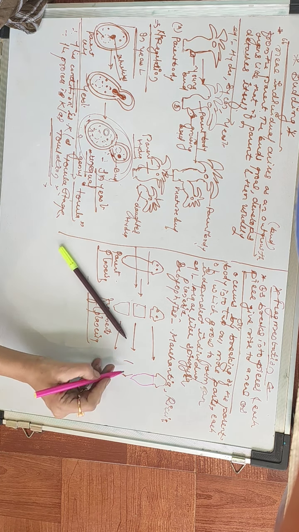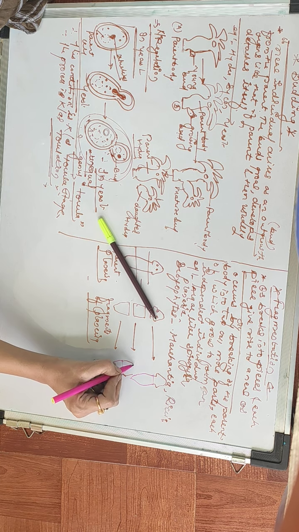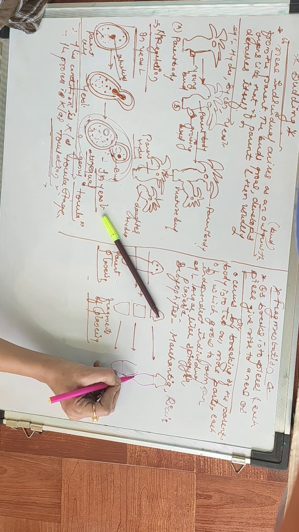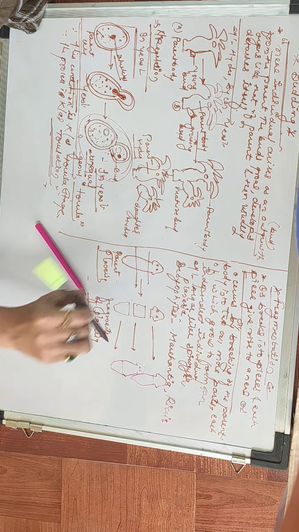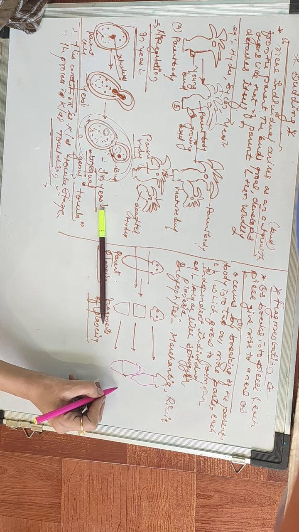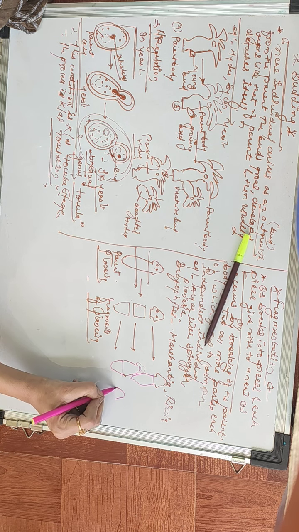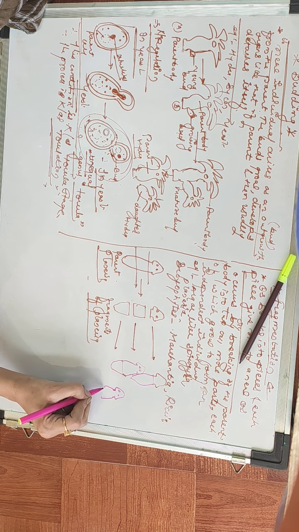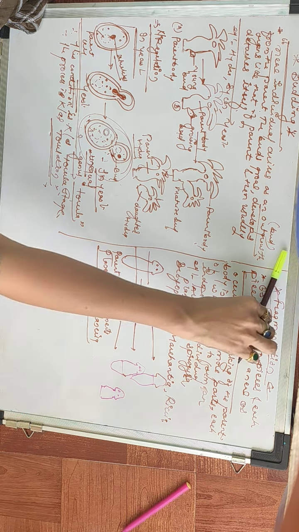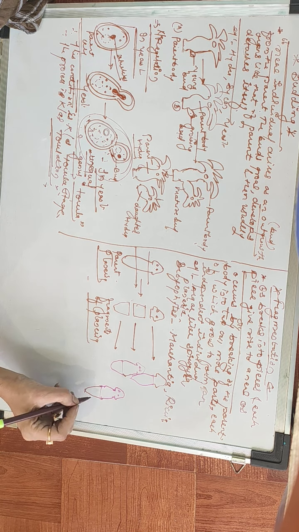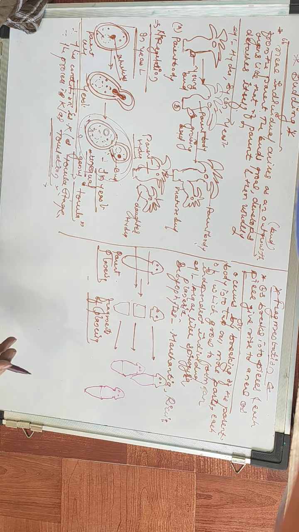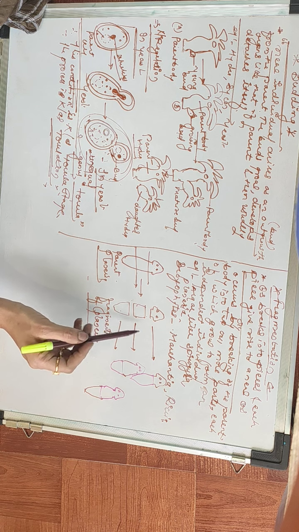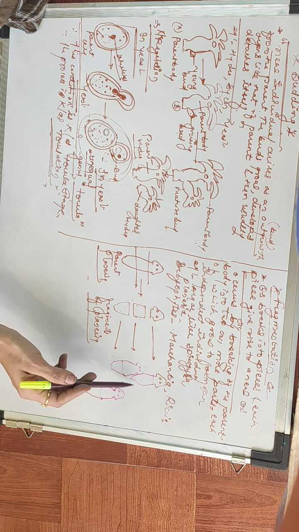Here you can see they form a new body. And here you can see, from these 3 different parts, 3 independent individuals are formed.